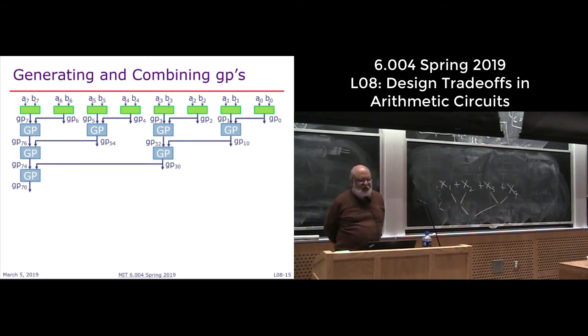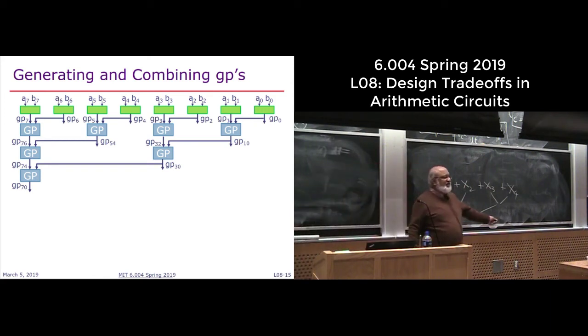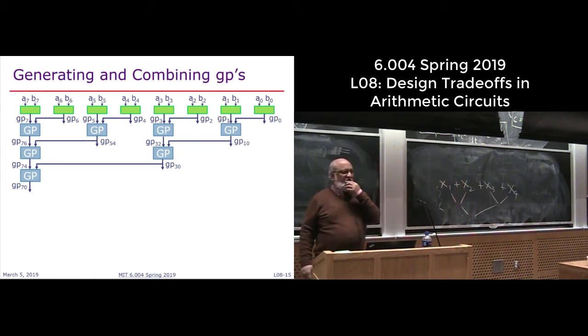So what is the beauty of this last GP? It can take the carry in from the least significant part and propagate it all the way to the output of the highest part. That's very clever, right?